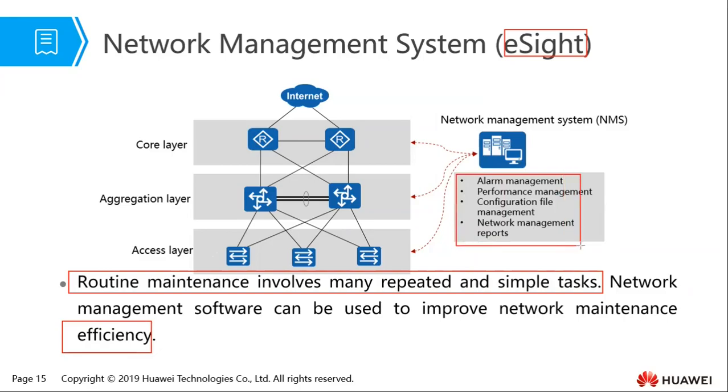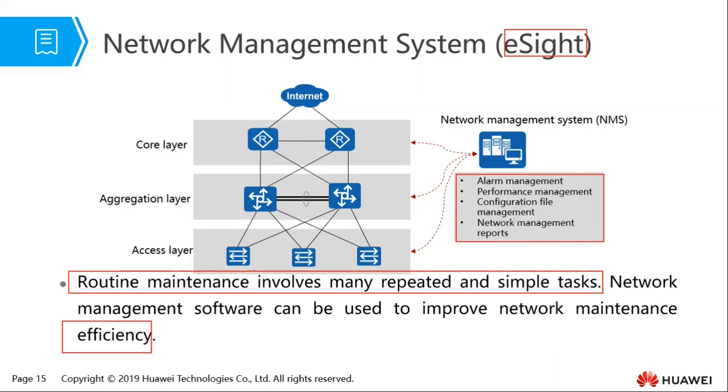So it's able to manage alarms and performance. We're able to see how the interfaces are performing in terms of traffic, and how the CPU is performing in terms of the percentage of CPU in use. We're also able to do configuration file management and network management reports.